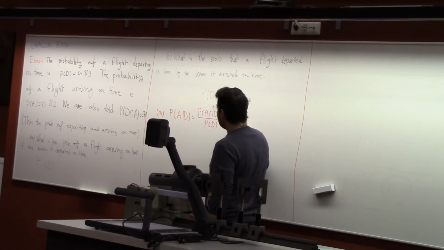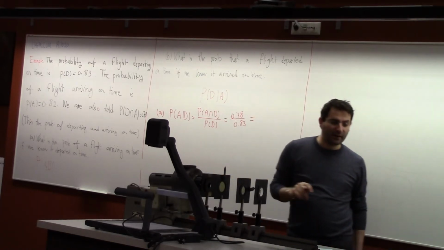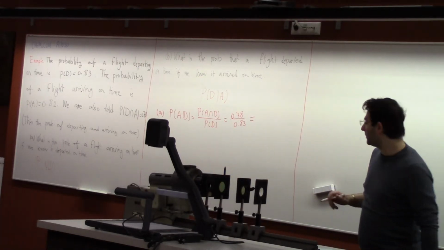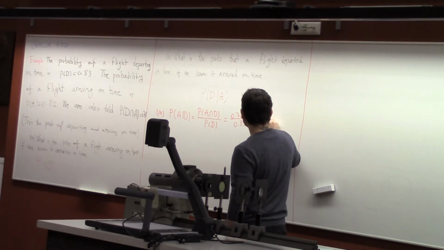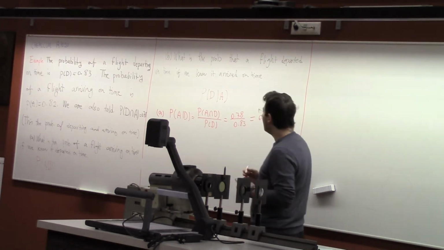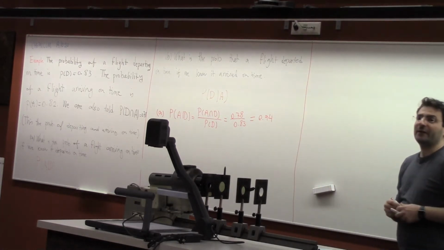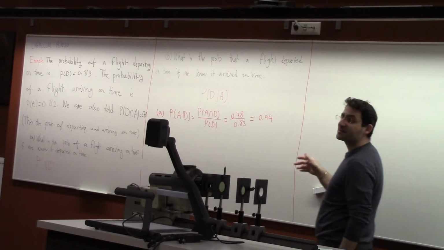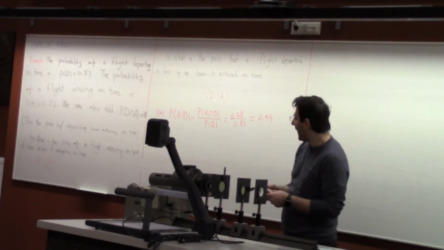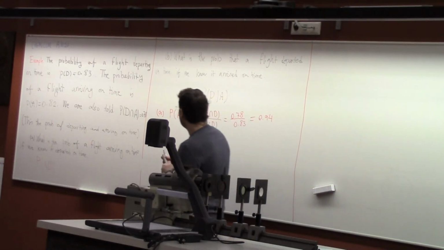Probability of D is 0.83. And if you divide it, you will get 0.94. In other words, if we are departing on time, 94% we will also arrive on time.